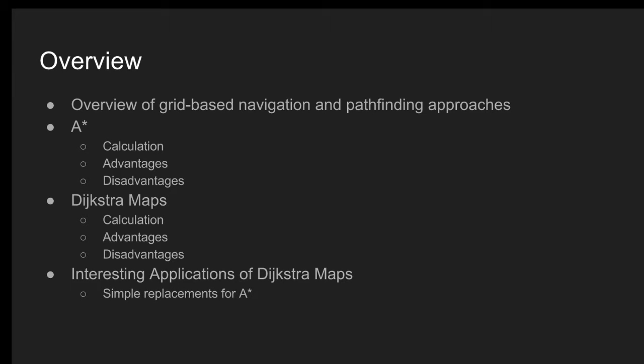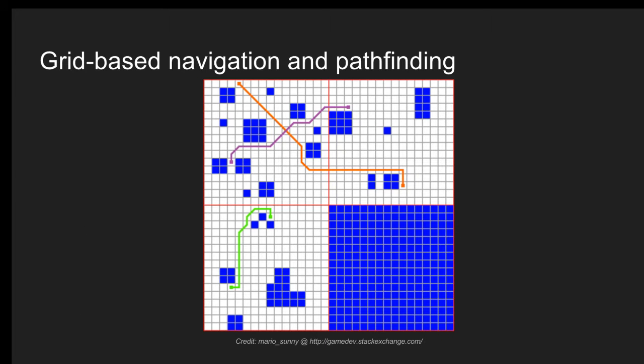Those applications fall into a couple of different categories. Sometimes it's just a simple replacement for what you do with A-star. Sometimes it's something really cool that A-star either isn't capable of or isn't able to do in an efficient way. And also we'll talk about some more experimental things that potentially could be done with Dijkstra maps.